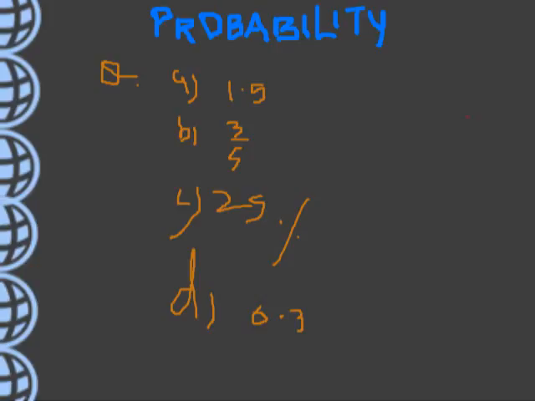We have to see which cannot be the probability of an event. The probability of an event can never be greater than 1. That is the point we have to keep in mind. So 1.5 is greater than 1, therefore it is the answer. 3 by 5 is 0.6, and this can be the probability of an event.